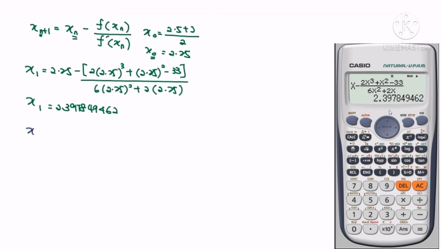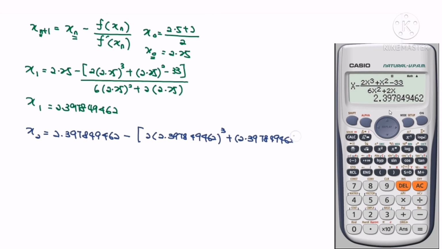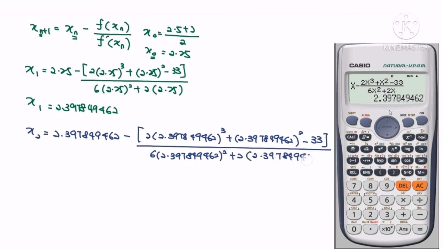Next, we substitute the value x1 into the formula again. Now proceed with x sub 2 equals 2.397849462 minus 2 times 2.397849462 to the power of 3 plus 2.397849462 squared minus 33, over the same for the denominator, squared plus 2 multiplied with the same value.